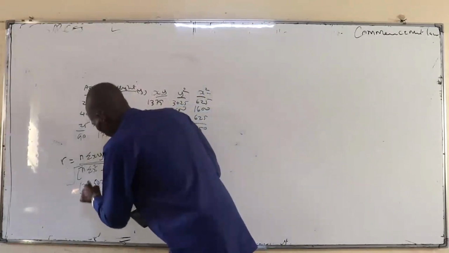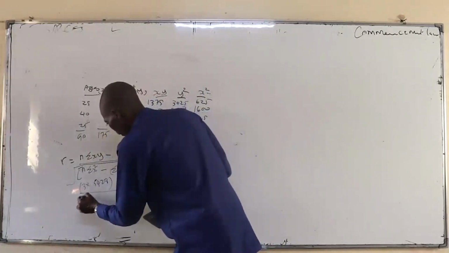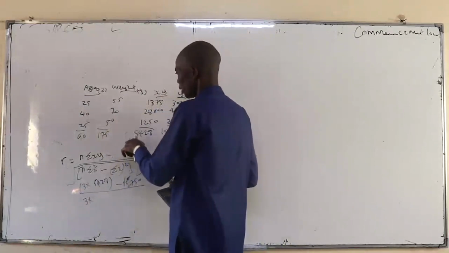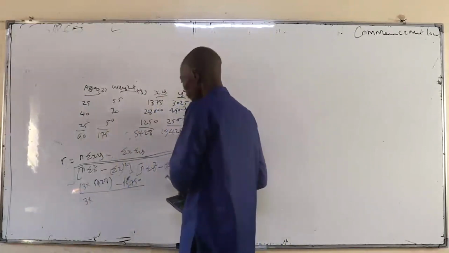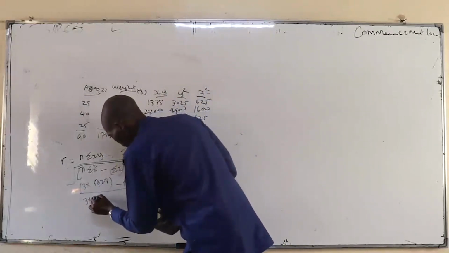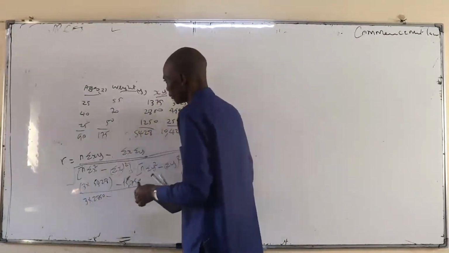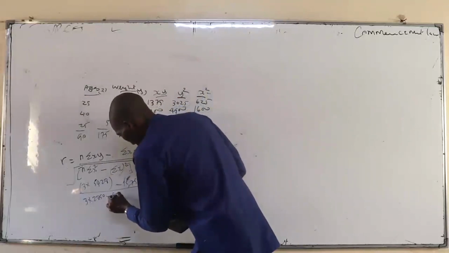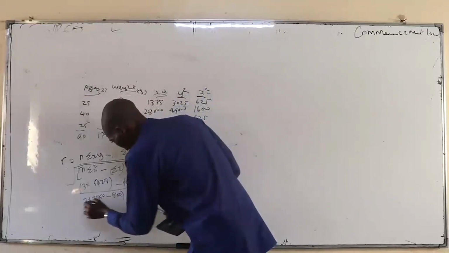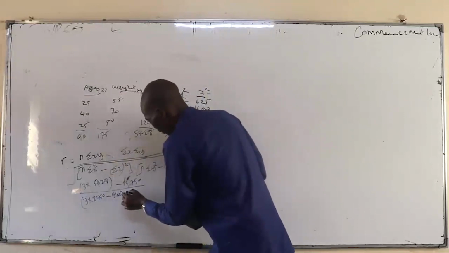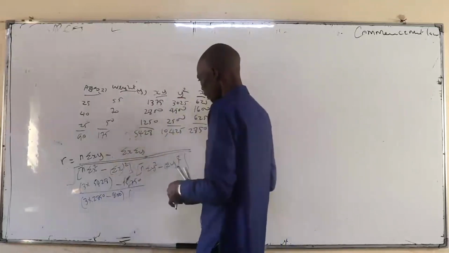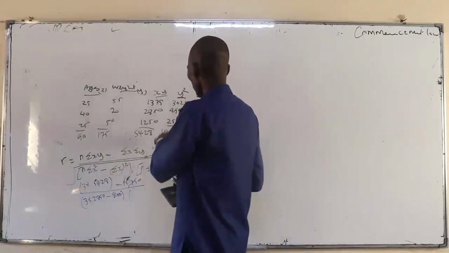Then down there again, n times summation of x squared. So 3 times 2850, minus summation of x squared, that's 90 squared, which is 8100. So you work out that bracket, and also the other bracket. This is n, which is 3, times summation of y squared. Y squared is 10,425.